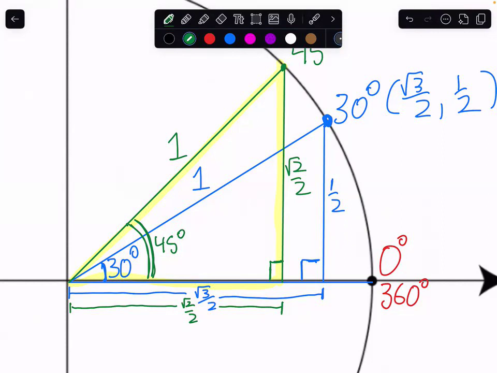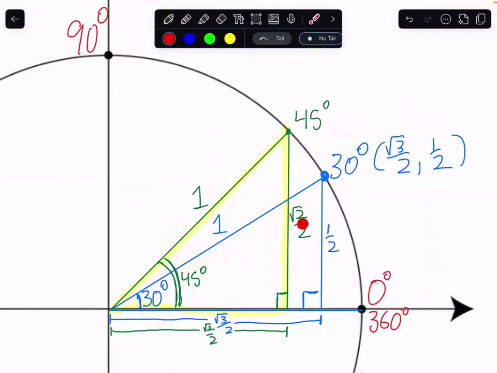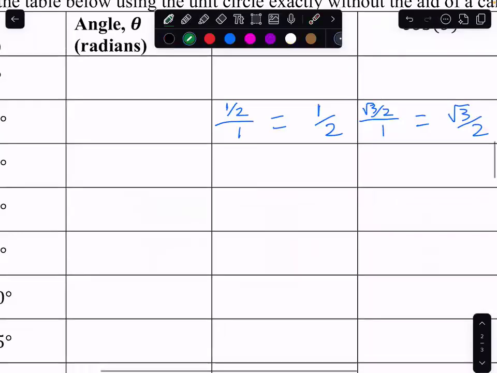Okay, so focusing on that newly created 45, 45, 90 triangle, we can go ahead and again do sine, cosine, tangent on the table worksheet. Sine, opposite over hypotenuse, that'd be radical 2 over 2 over 1. And anything divided by 1 stays the same.